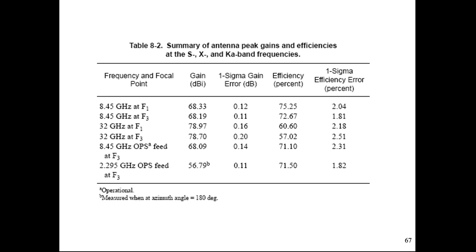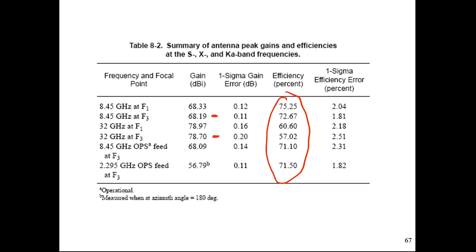The typical gains, you see X band. Here we are at 68 dBi, and a factor of 10 larger at 32 gigahertz. This is for a 34-meter antenna. And here you see the efficiency.